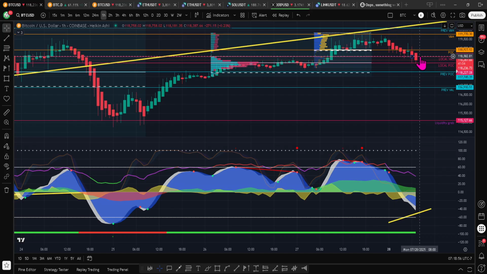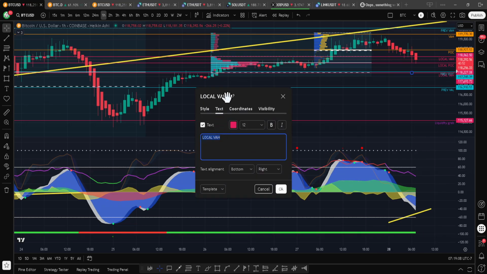It's also the local value area low. It also happens to be the local value area low. It's confluent with that level, so that's also our take profit level, and I'll show you how to do that right now on our short.